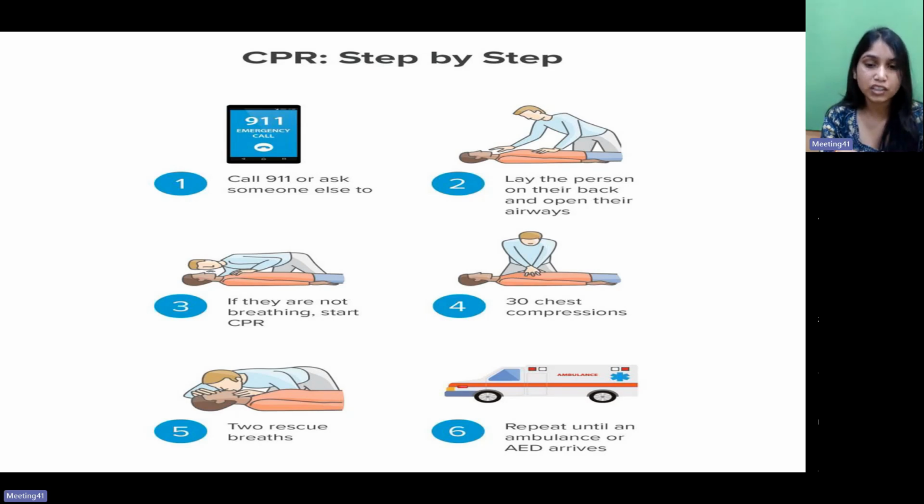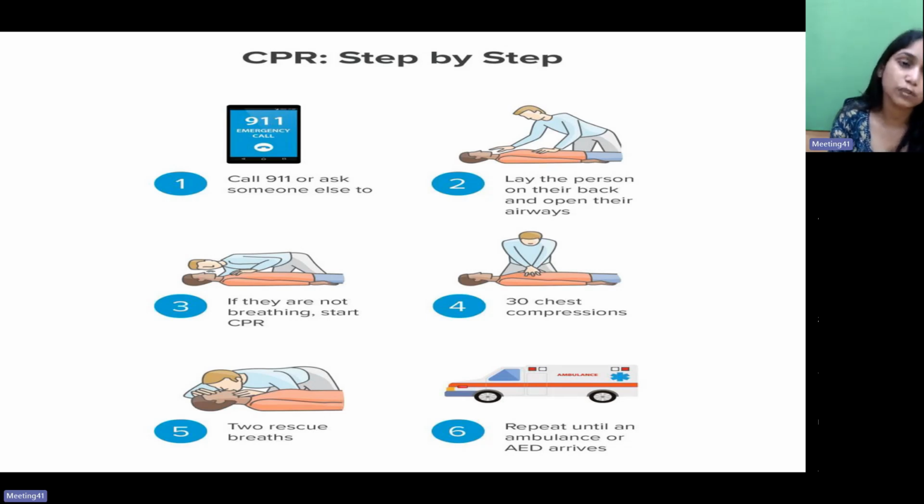CPR is the chest compressions we give them: 30 chest compressions and two rescue breaths, two times mouth to mouth breaths. Then we repeat until an ambulance or AED arrives. Until the ambulance arrives, we keep doing this for the patient.